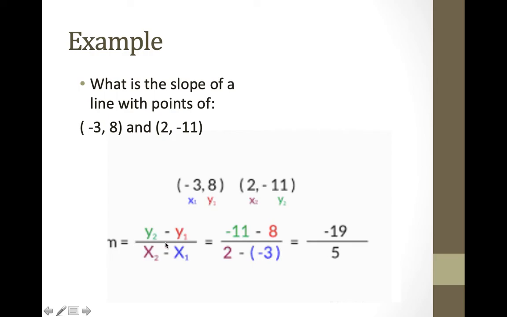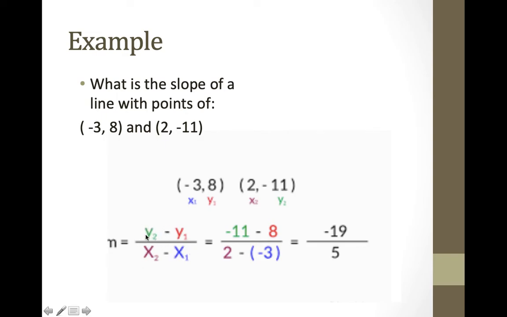And what they want you to do is find the change in y's from the second back to the first, and the change in the x's from the second back to the first. Remember, these are x, y coordinates. X, y, x, y. First x, first y, second x, second y. So the second y comes first because that would be my rise, and then my run comes second.